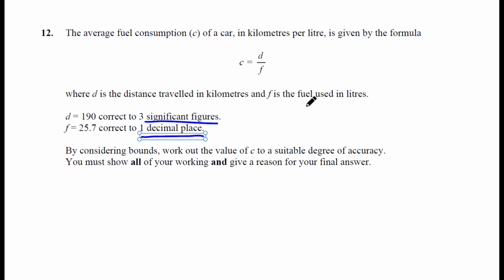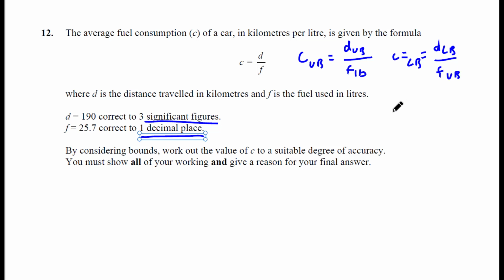Okay, so we want to find the upper bound of C. So the C upper bound is going to be the upper bound of D divided by F, its lower bound. And the C lower bound, so we want to get the number as small as possible, is going to be the lower bound of D divided by the biggest number that F could be, so divided by the upper bound of F.